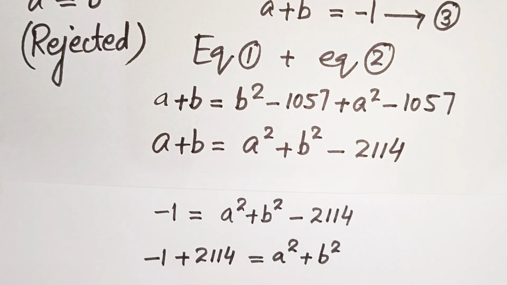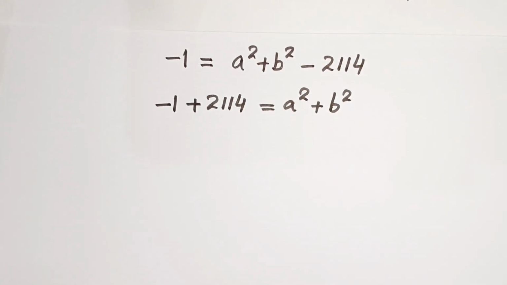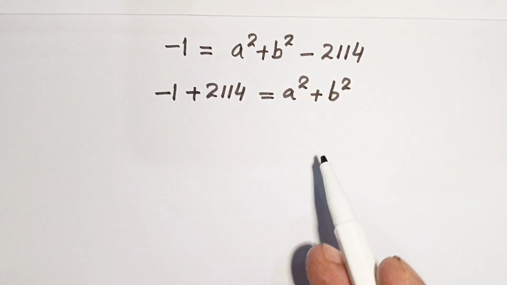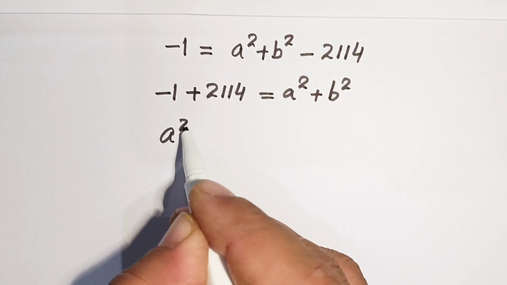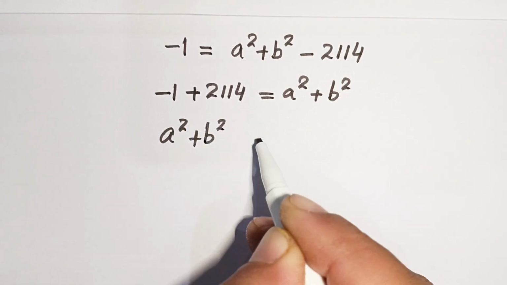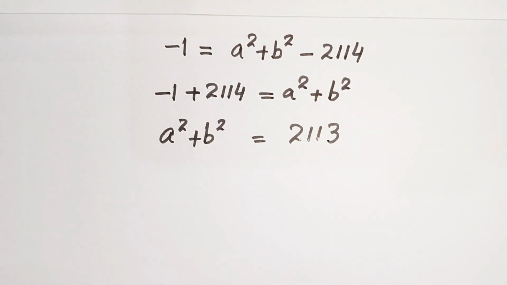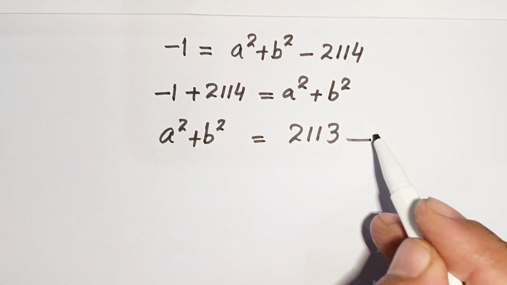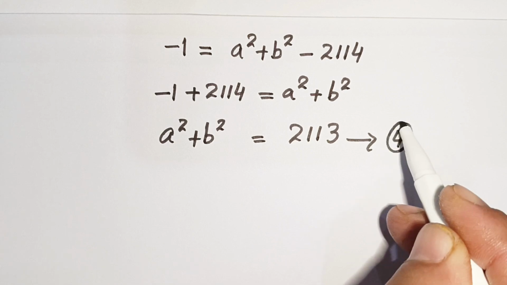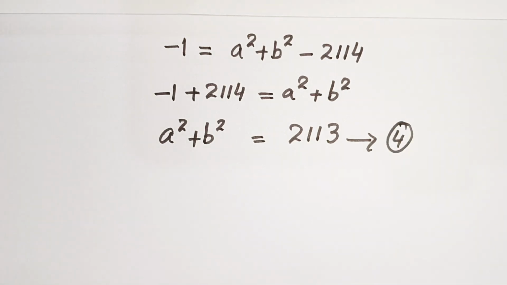So a squared plus b squared is equal to 2113. Let's write it as equation 4.